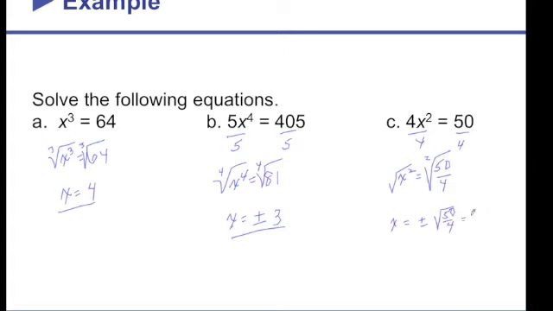Now we can break that into the square root of 50 over the square root of 4. So x will equal plus or minus, now 50 is 25 times 2, so it will equal 5 times the square root of 2 over the square root of 4, which is 2. So this would be the solution.